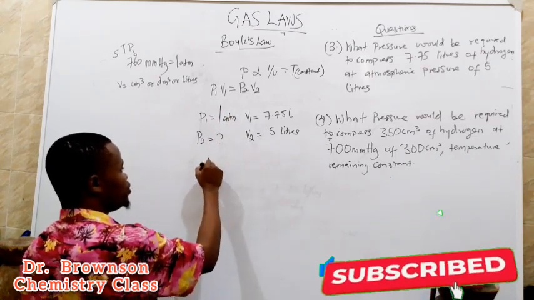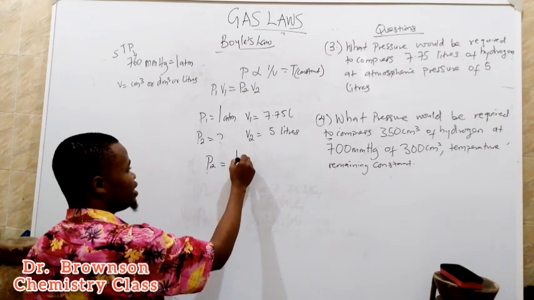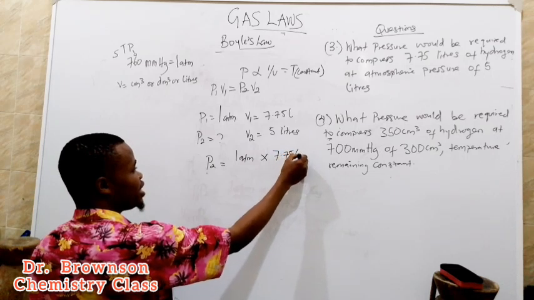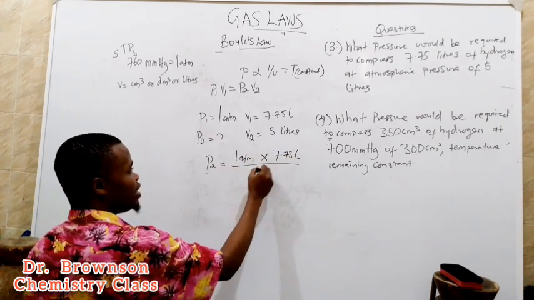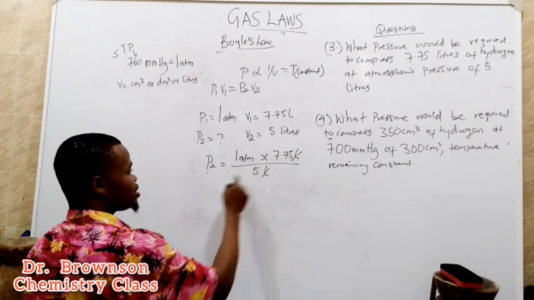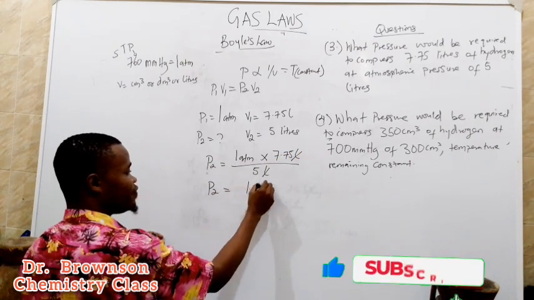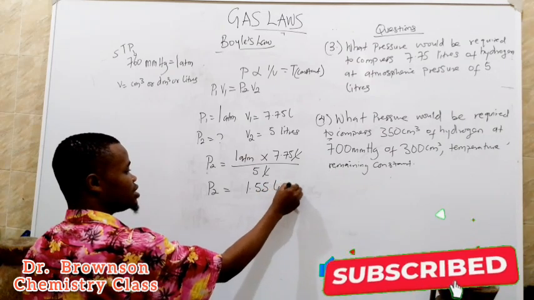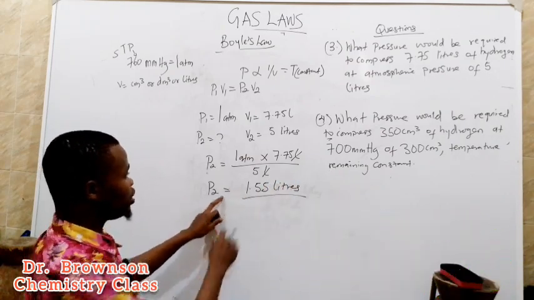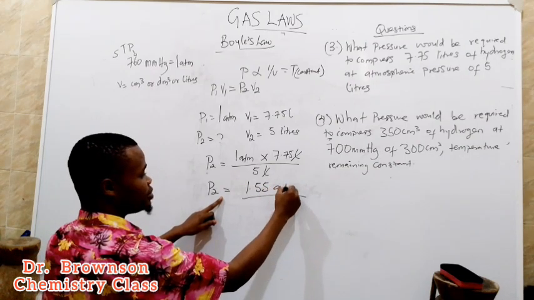So we are looking for P2. We say P2 equals 1 atm times 7.75 liters all over 5 liters. Liters cancel liters, so we have P2 equals 1.55, and the unit is atm.